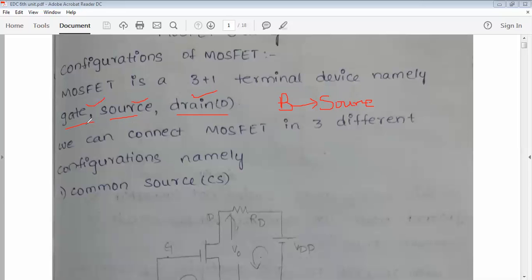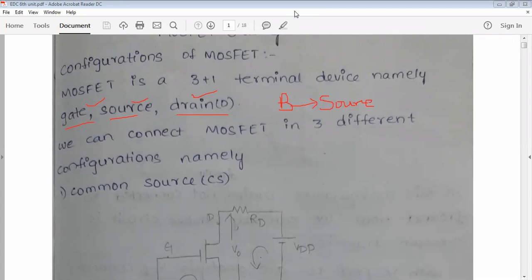We can design a MOSFET amplifier circuit using any one of the configurations.